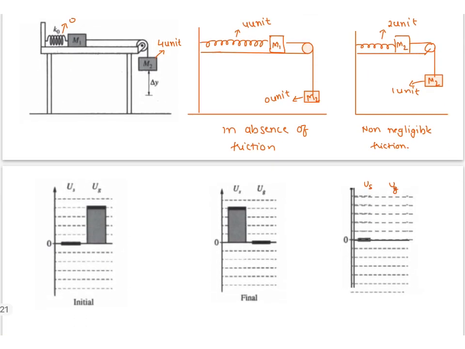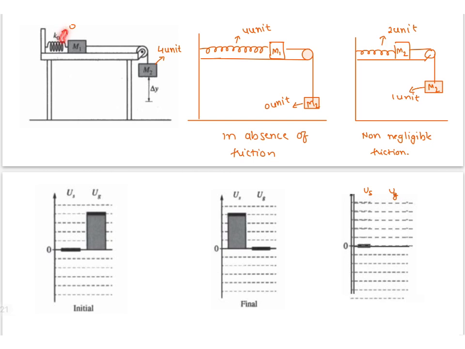Let me explain it here. Initially, this spring was unstretched, so its energy was zero. So potential energy of spring was zero. And I am assuming that potential energy of this M1 and M2 is equal to 4 units. So gravitational potential energy is 1, 2, 3, 4.